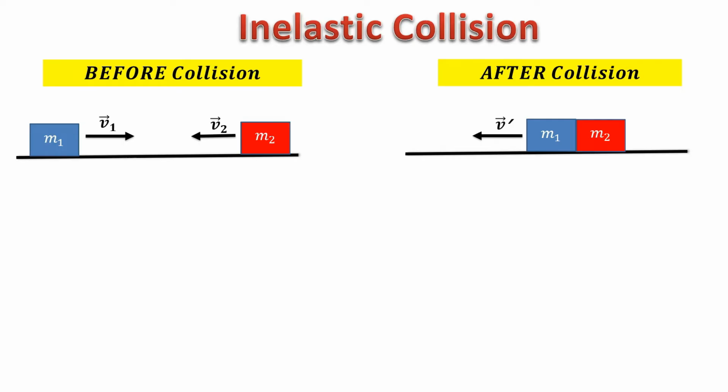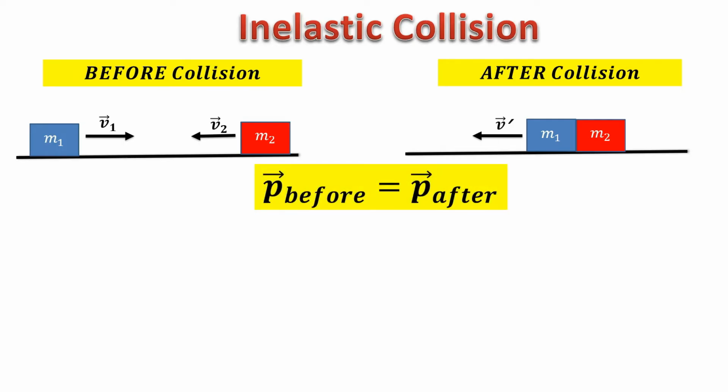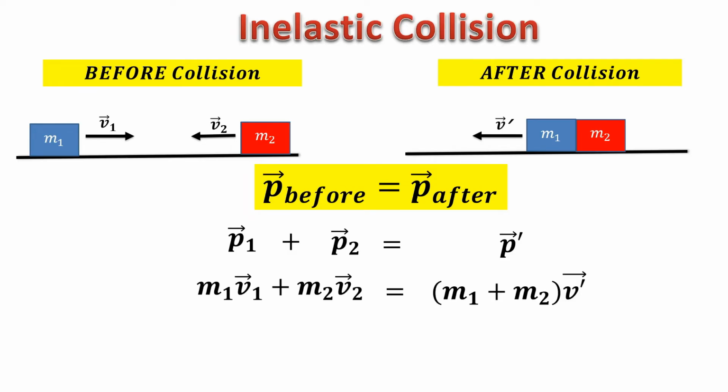For inelastic collision, the momentum is still conserved, so the momentum before should be equal to the momentum after. The total momentum before, P1 plus P2, is equal to the total momentum of these two combined masses, which is P prime. So the formula is M1 V1 plus M2 V2 equals the sum of the two masses times V prime, which is the velocity after collision.